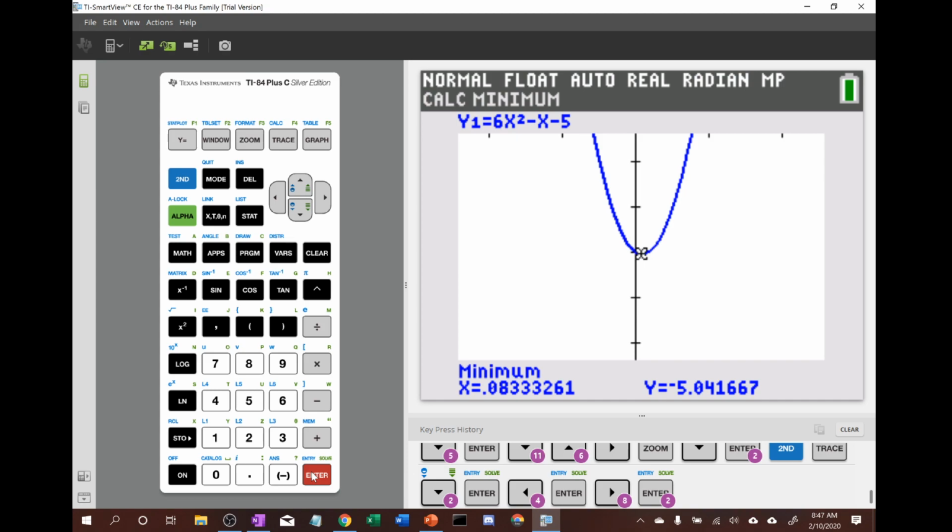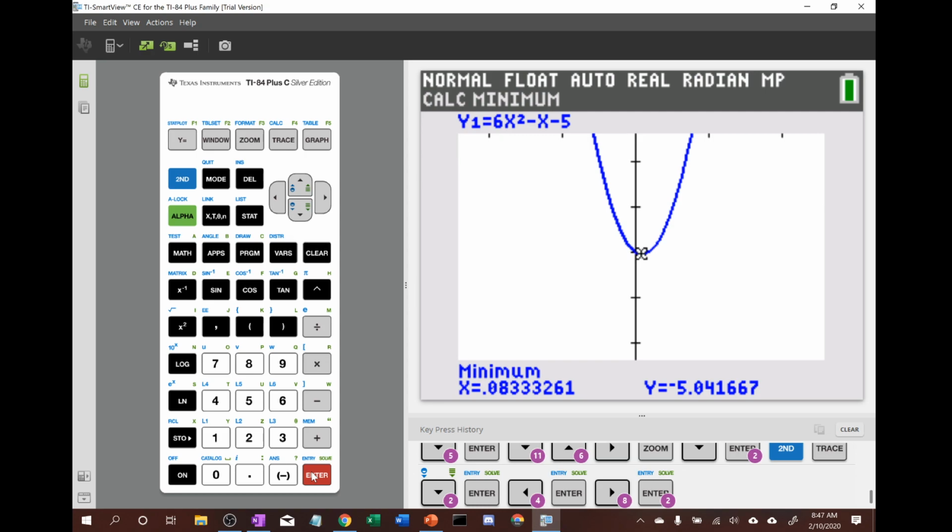The range is, what y values can the graph be? Well, the very bottom of the graph is at negative 5.041667. It can't go below this. So that's the bottom of the range. The top of the range is infinity. So it's the minimum y value all the way up to infinity.